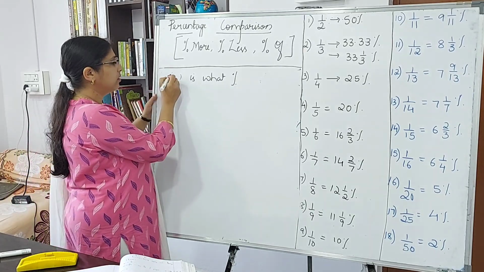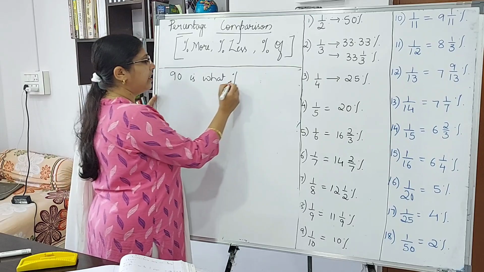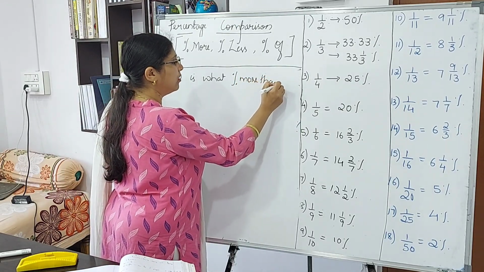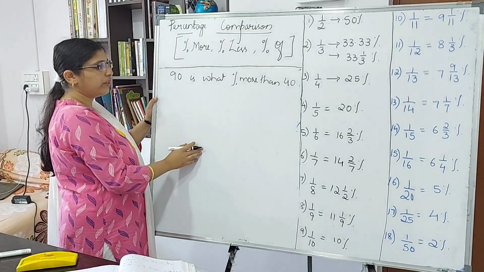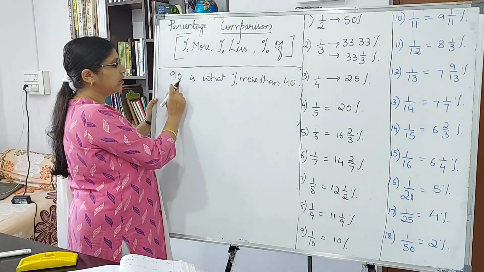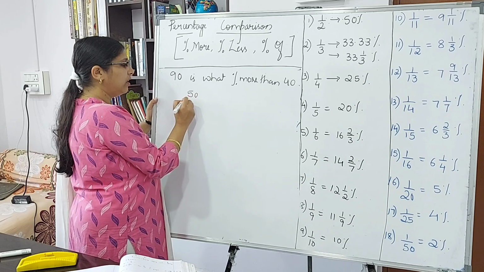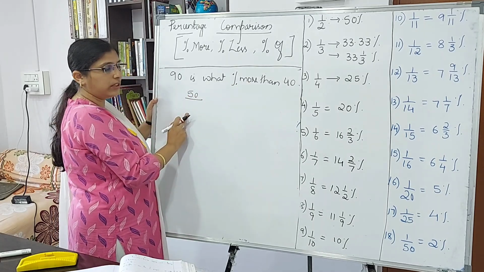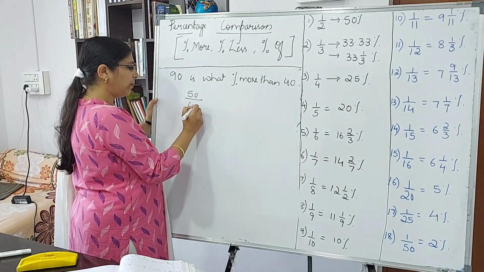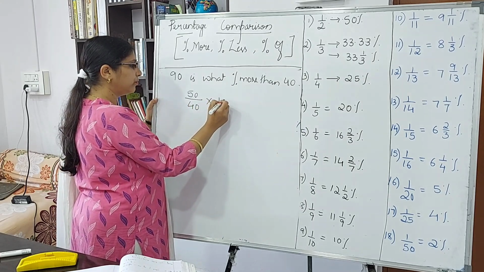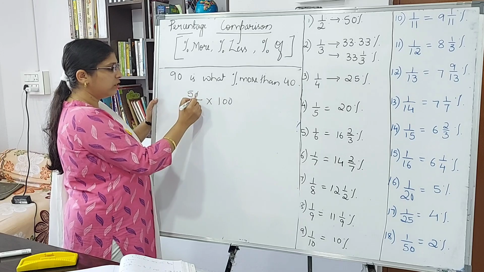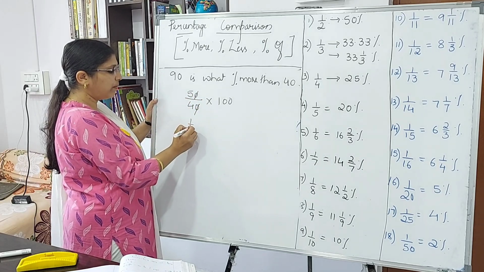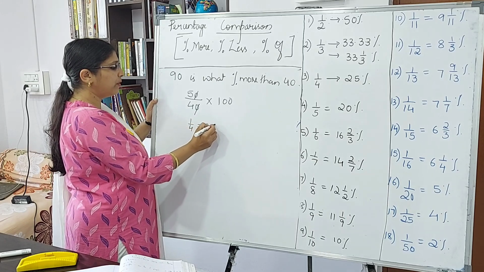We'll see one more problem. Same numbers we'll take. 90 is what percent more than 40? So we know first we have to take the difference. The difference of 90 and 40 is 50, divided by, okay, when they are asking more, the lesser number should be in the denominator. Lesser is 40, into 100. Okay, 0 and 0 cancel. So 5 by 4. 5 by 4 means what? It comes as a multiple of 1 by 4. 1 by 4 we know is 25%.